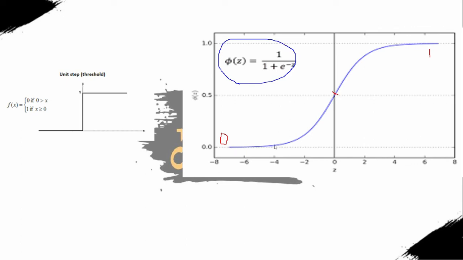So class 0 will have probabilities of some values over here, 0.9 and 0.1. And for these values I'll have a probability of 0.4 and 0.6. And so a sigmoid is providing me a gradual increase between these zeros and ones.